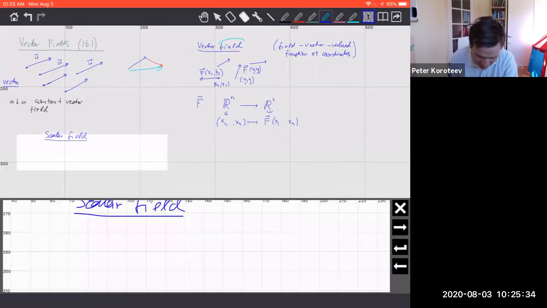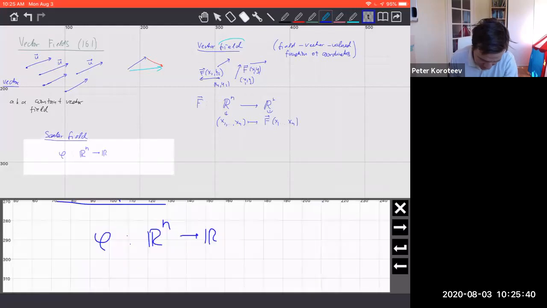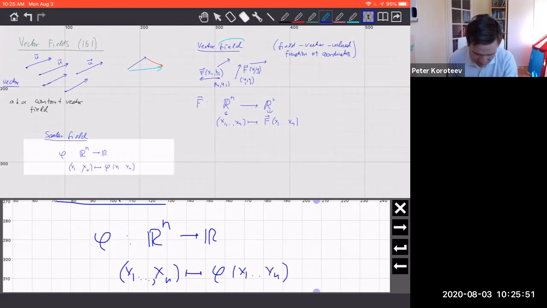It's just another fancy way to say that it's a function from, say, Rn to R, that takes you coordinates x1 through xn to this function of x1 to xn. So just a fancy name for a function of n variables. But in this physics terminology, it's called a field.